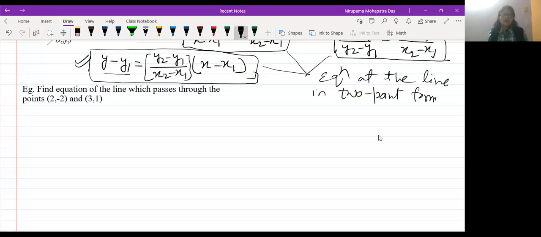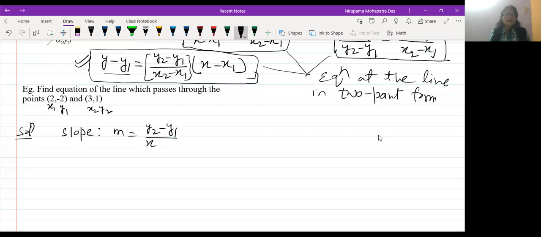Find the equation of the line which passes through the points (2, -2) and (3, 1). The line passes through two given points; let me take them as (x1, y1) and (x2, y2). The slope m equals (y2 minus y1) by (x2 minus x1), that is (1 minus (-2)) by (3 minus 2), so the slope is 3.